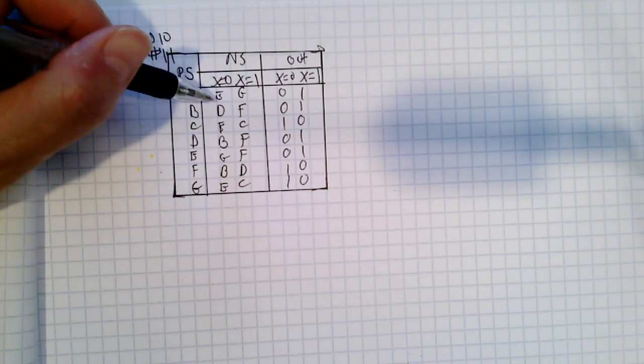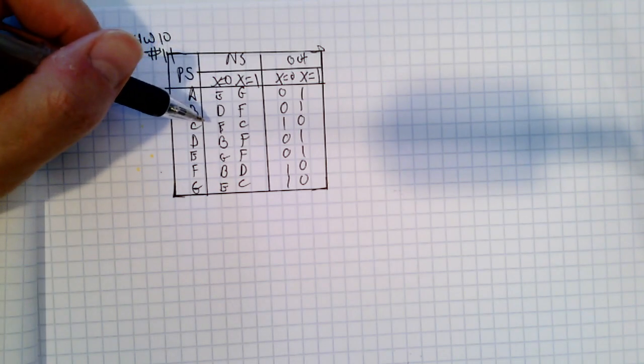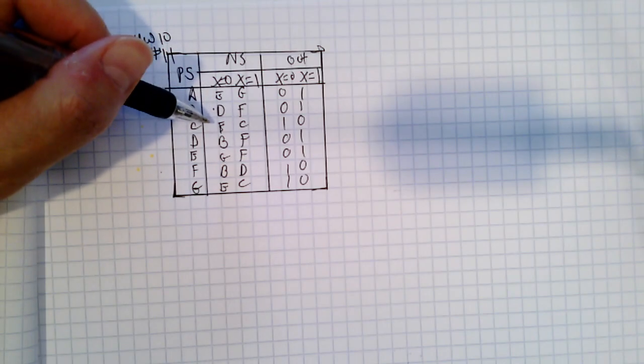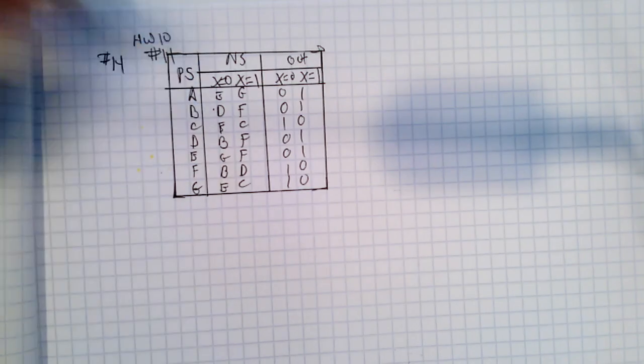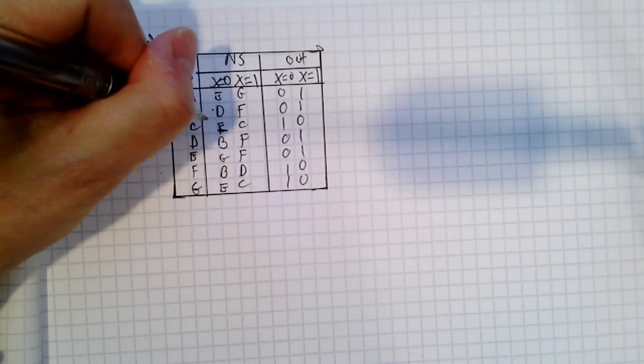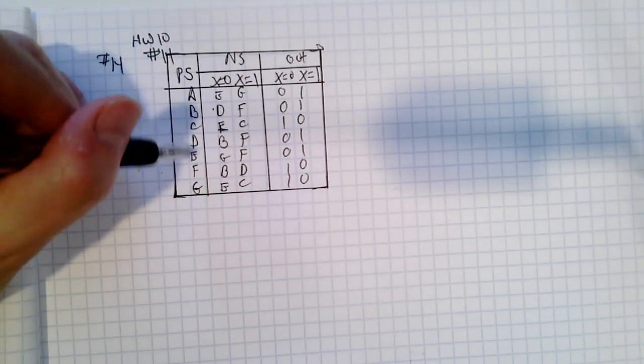That's right. B, next state is going to be DF. Yes. C, next state is going to be EC. Did I? Yeah, it's my handwriting.